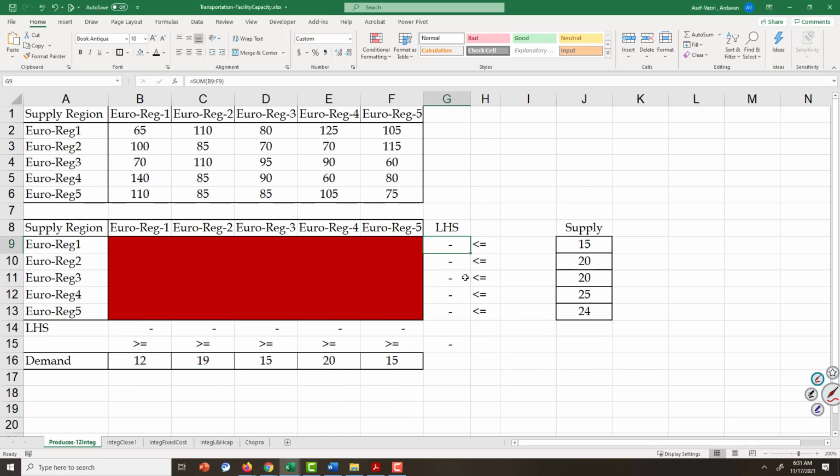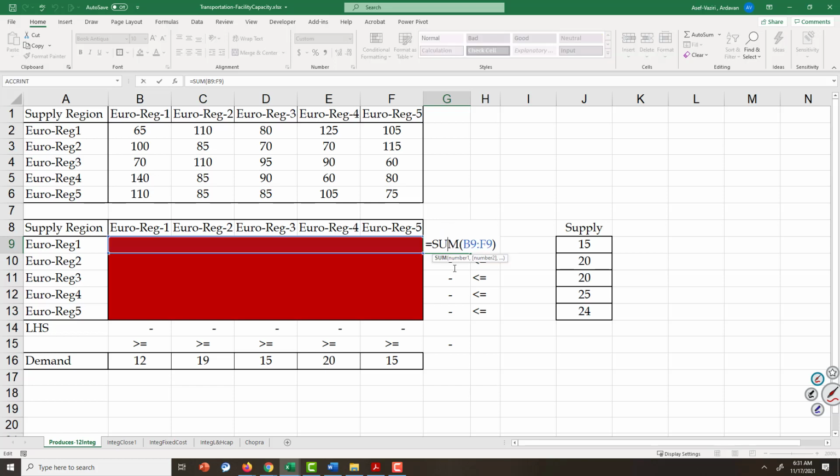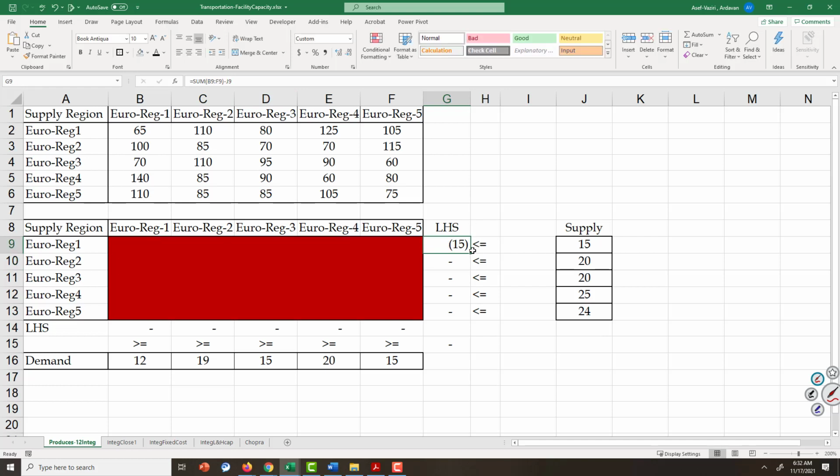Do you think it matters if instead of writing this summation less than or equal to, for example, 15, I also add minus 15, copy it down, and then state that these values all should be less than or equal to 0? It really doesn't matter.